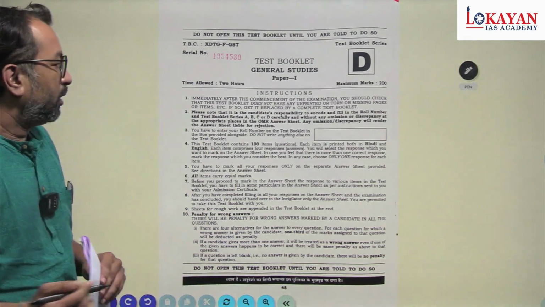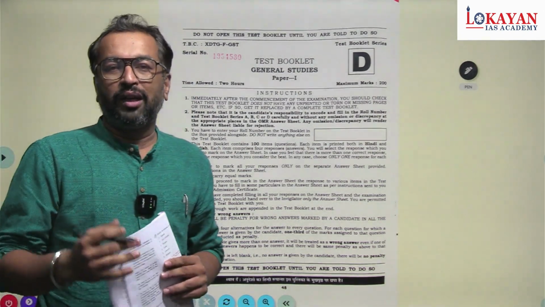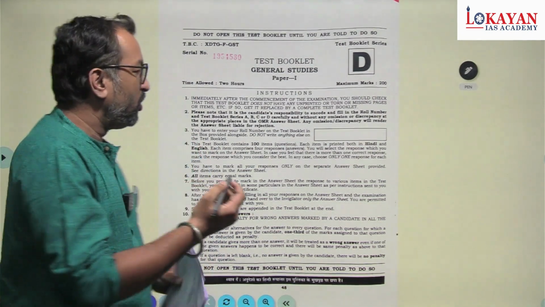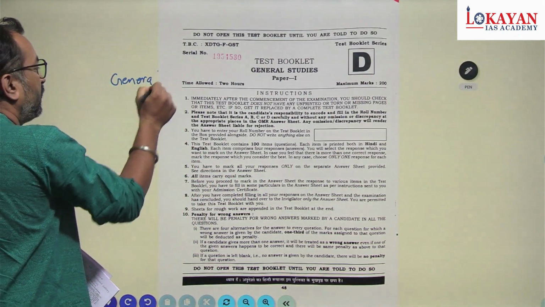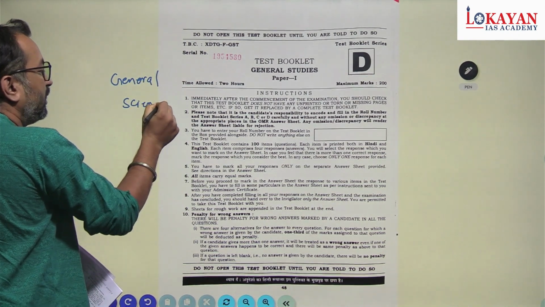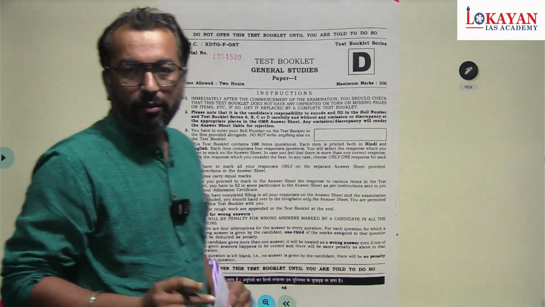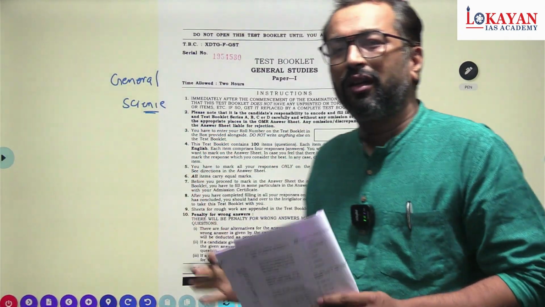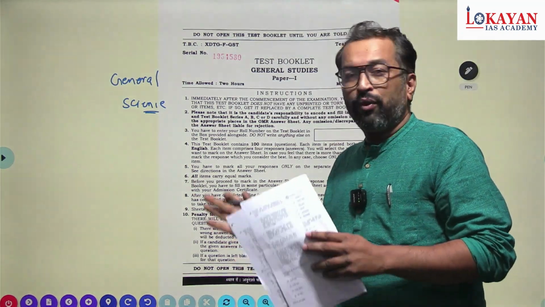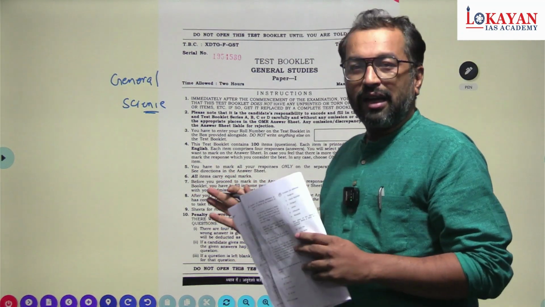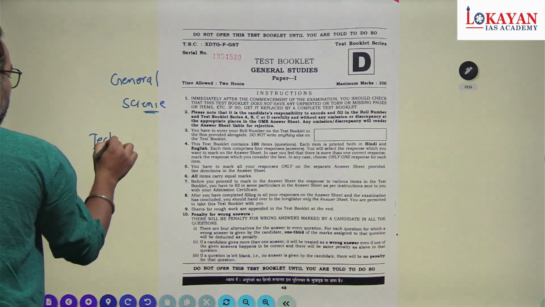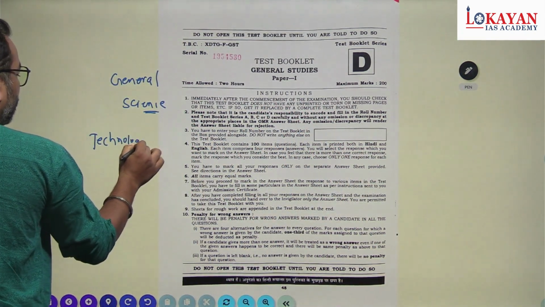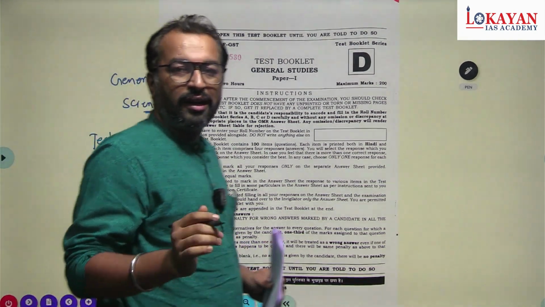So first of all, I'll tell you that UPSC mentions general science in their syllabus, right? But if you see, for a few years the emphasis has been on the technology part rather than the general science part.